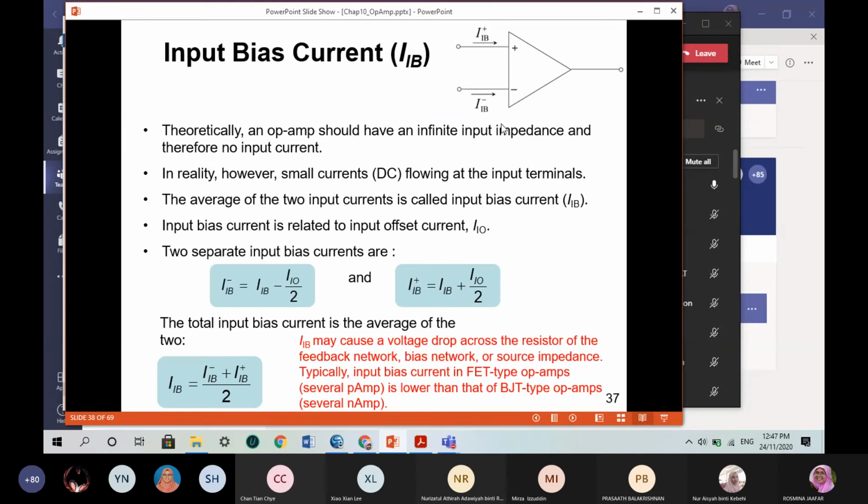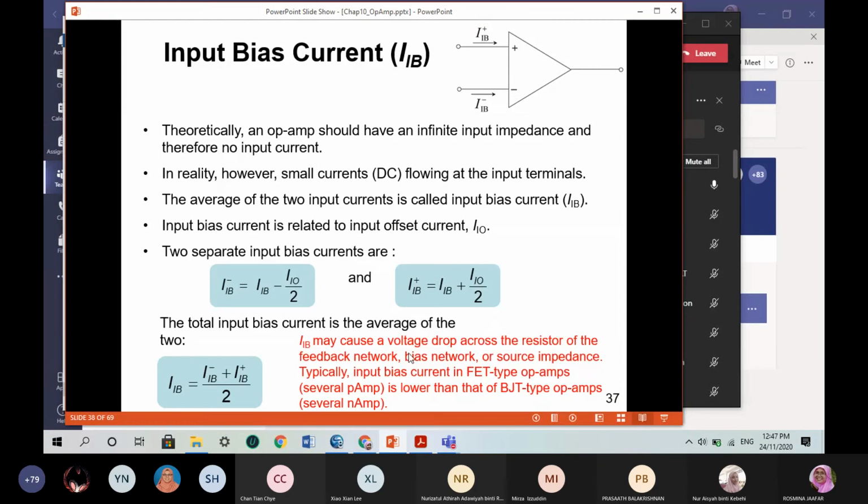So IB plus is equal to IB average plus IIO average, and IB minus is equal to IB average minus IIO average. And the input bias current IB is the average of IB plus and IB minus.